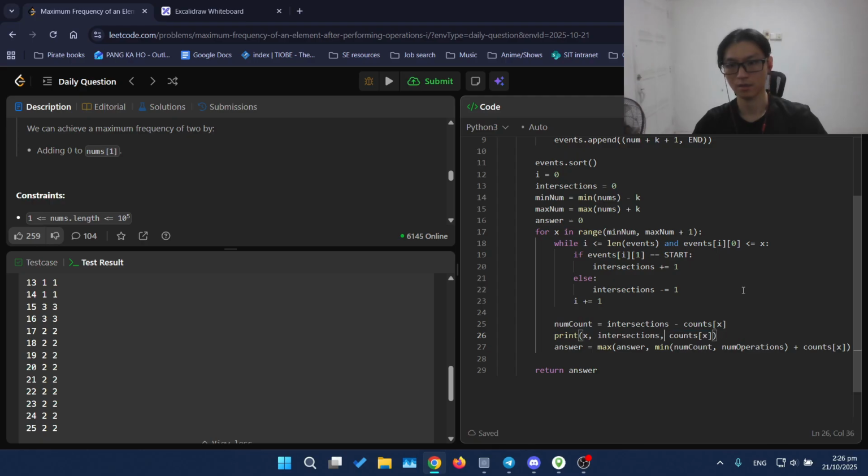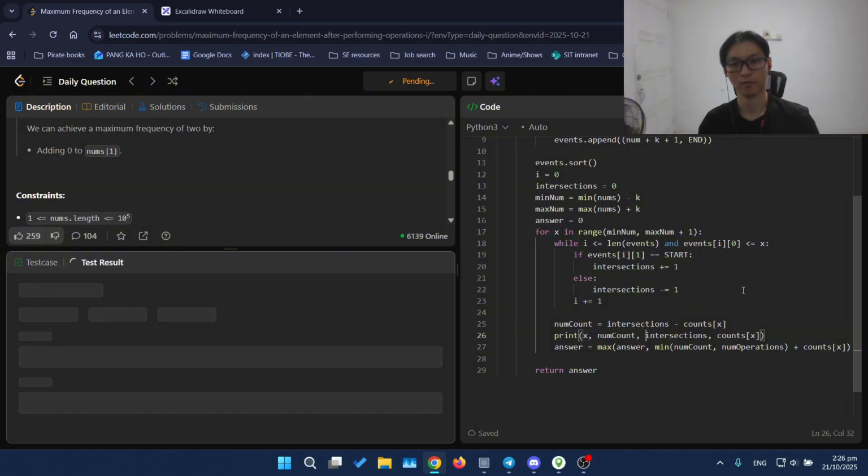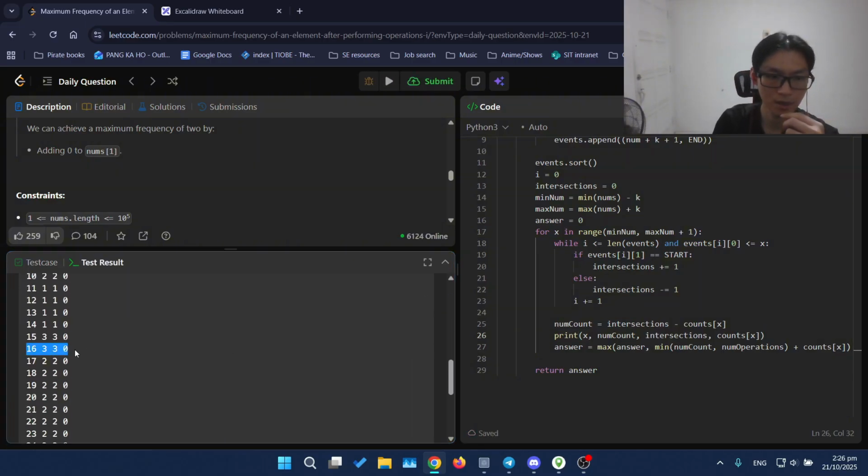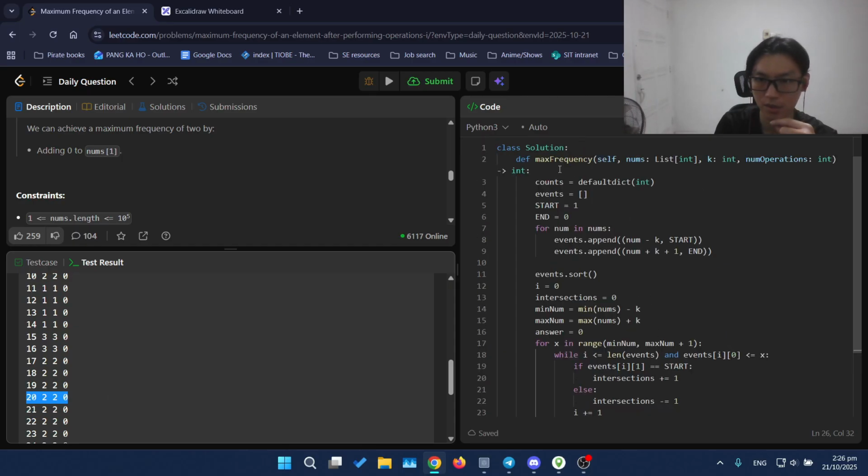Let's do this instead. Number of count. This is the number that can reach x. Yes, yes. At 20. Where's my counts of x?